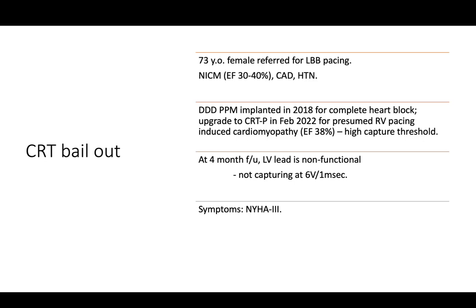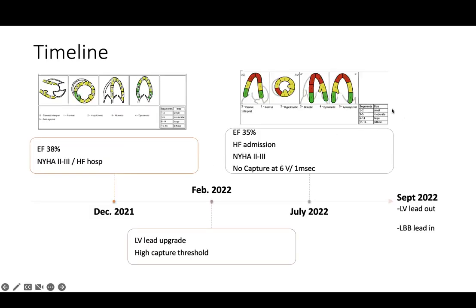If we go to the next slide, I think I just put down the timeline, and he's symptomatic, NYHA functional class 3. The first one on the left-hand side is just showing the echo. EF is probably a little bit worse than what they're calling. And the timeline is really within 5 months of the CRT upgrade.